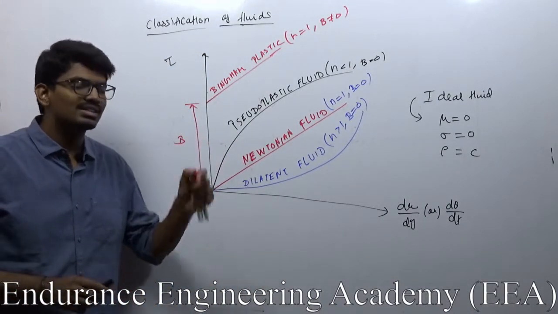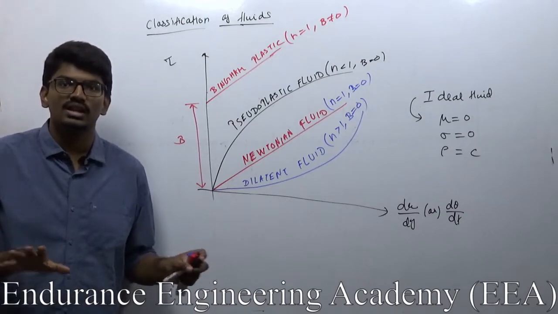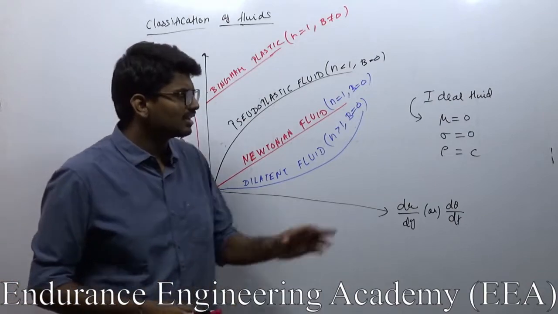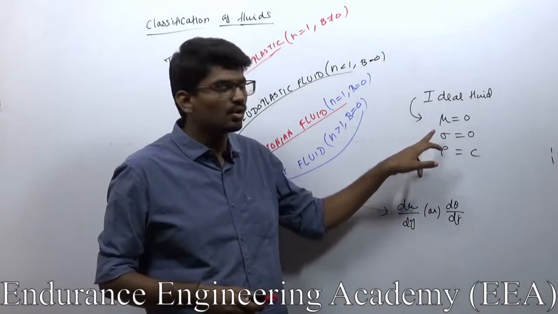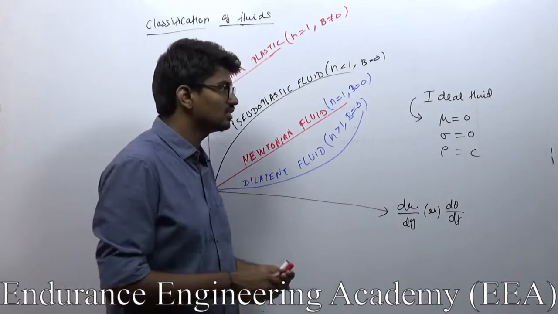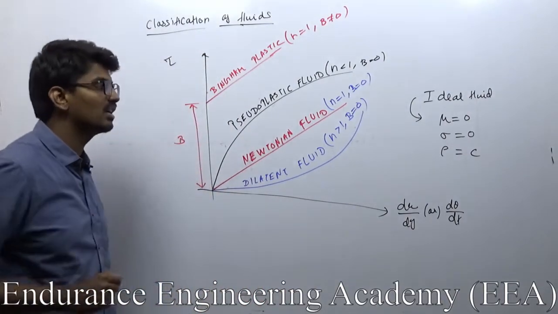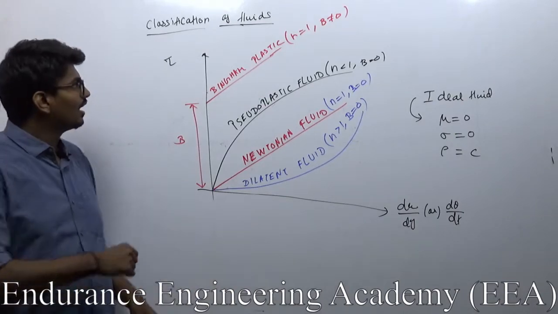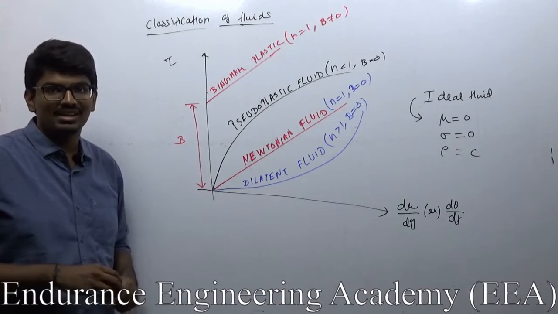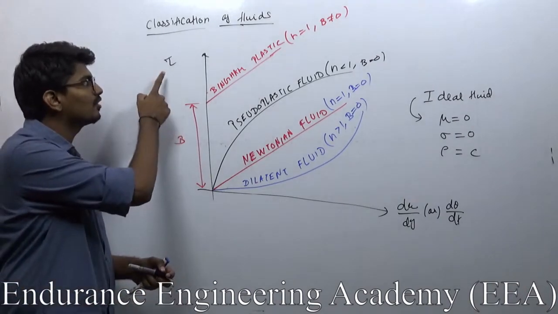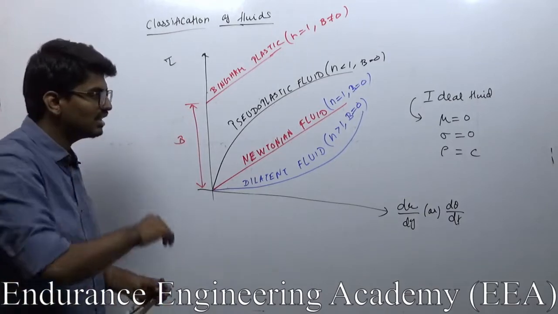So ideal fluid is a hypothetical fluid. There is no such thing as an ideal fluid in reality. It is a hypothetical way where I consider no viscosity, no surface tension, and the fluid is incompressible with constant density. Now let me plot it in this graph, du by dy and tau. If mu is not there, there is nothing to resist, so there is no requirement for any shear stress to cause deformation.